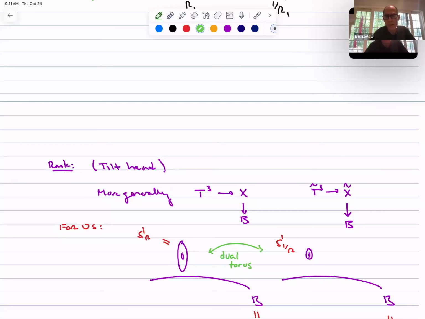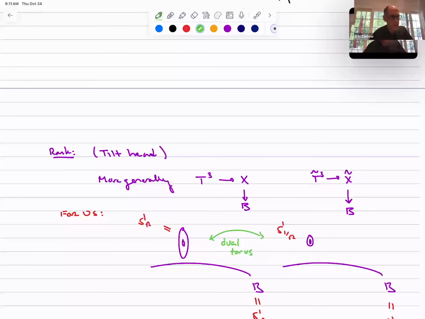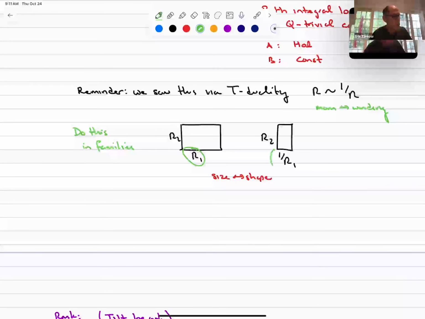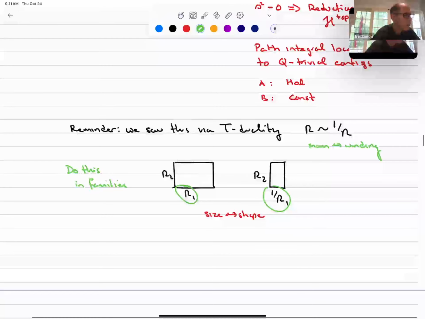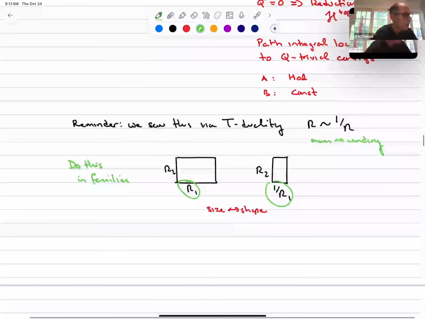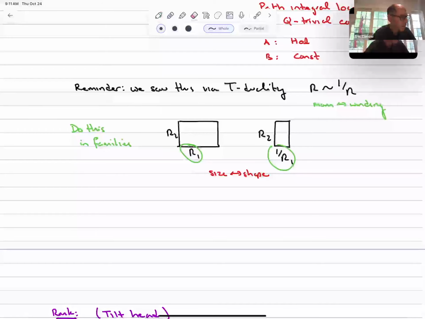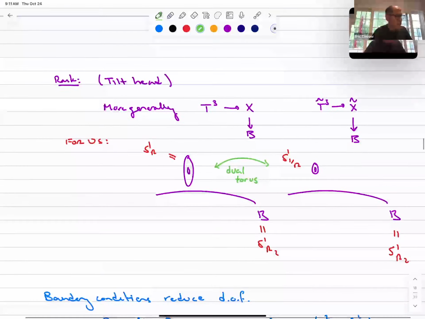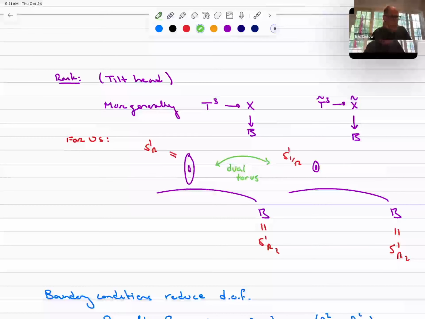When you pay attention to what are the sizes of these circles, in fact, R goes to 1 over R. So mathematically, what we've done is we replaced the circle back here, this R1 circle, by its dual circle, 1 over R1. Okay, so that's some explanation of what this T duality procedure does if you happen to have a family of tori.